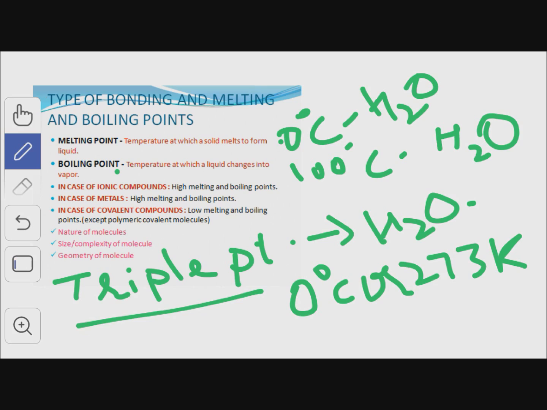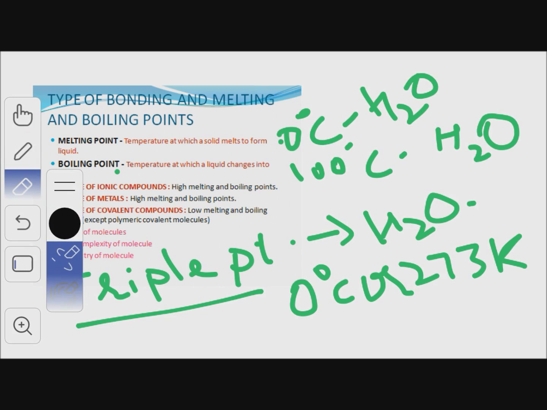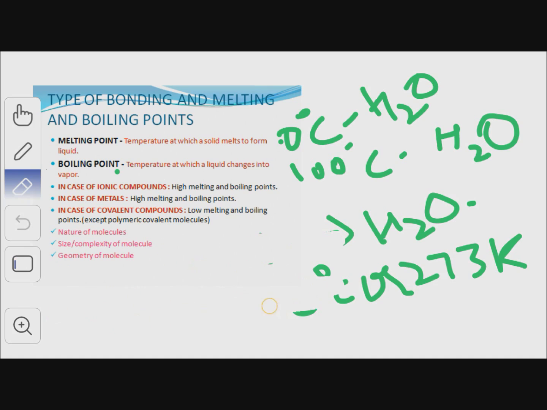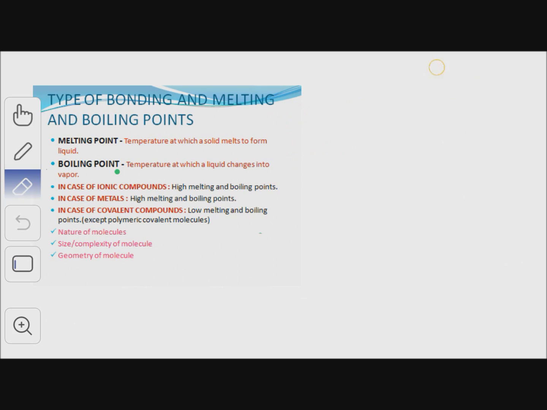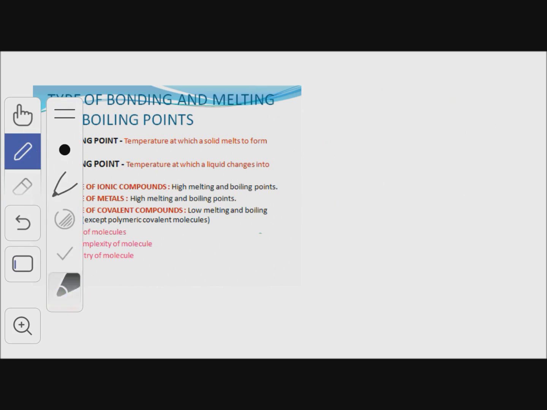And how the bonding between the molecules affects the melting and boiling points. First, in case of ionic compounds. Ionic compounds have high melting and boiling points. Melting and boiling points depend upon the strength of bond, how strong the bond is between the molecules or atoms.